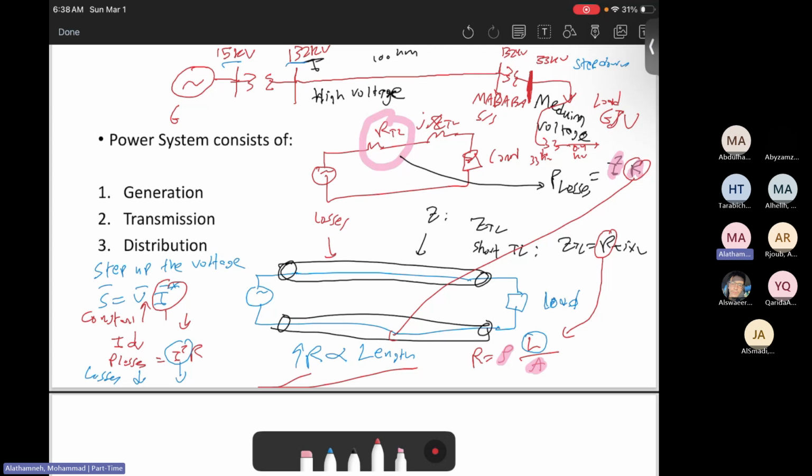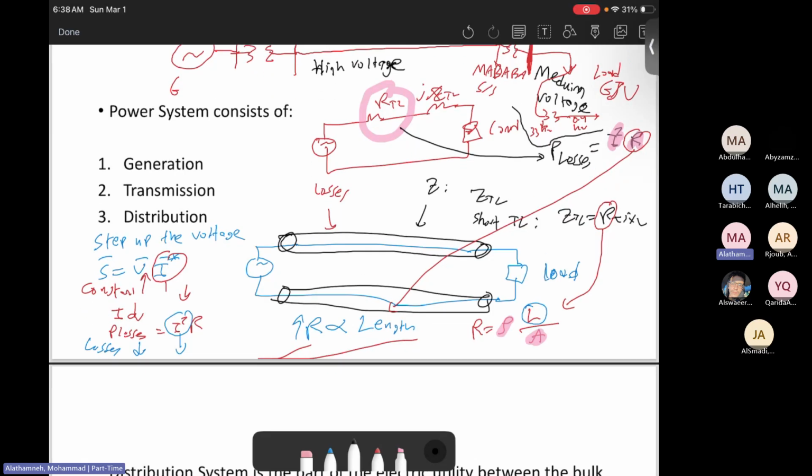It will go to the several buildings, then goes to the load. So we have a small substation inside the university that's making the step down transformer from 33 kilovolts to 0.4 kilovolts. Okay, so again, 33 kilovolts to 0.4 kilovolts.